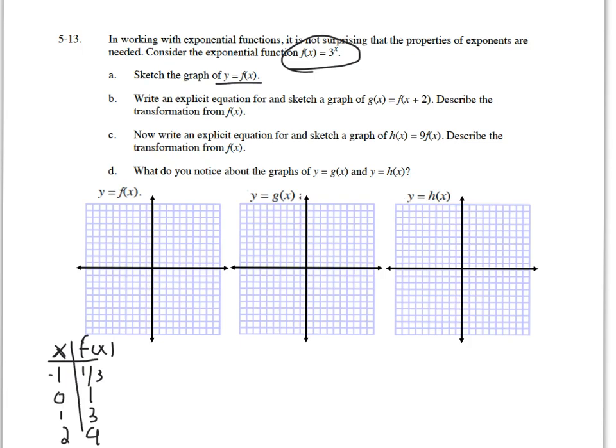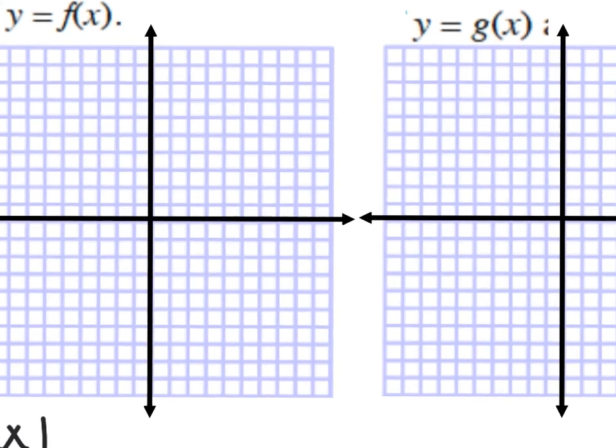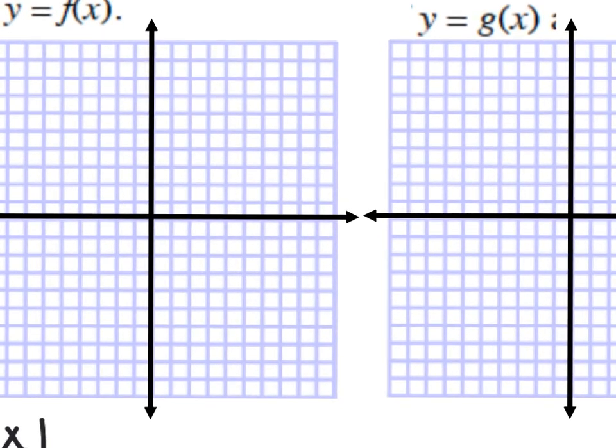So if I was to graph these points, negative 1, so 3 to the negative 1 is 1/3. That's way down here. I want to use the blue pen. And then 3 to the 0 power is 1. 3 to the first power is 3. And 3 squared is 9.